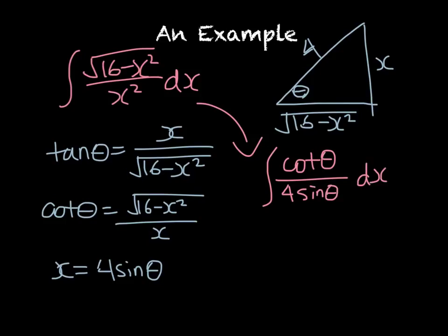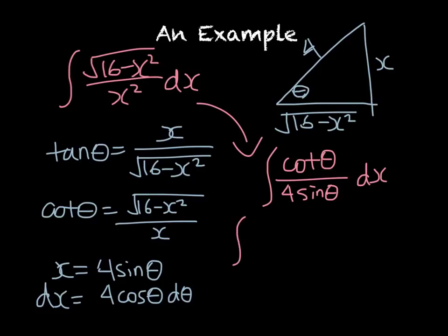Except we need to get rid of our dx in order to be able to do our integral. So we'll take the derivative of this right here. What we get is that dx equals 4 cosine theta d theta. So we can go ahead and put that into our integral.